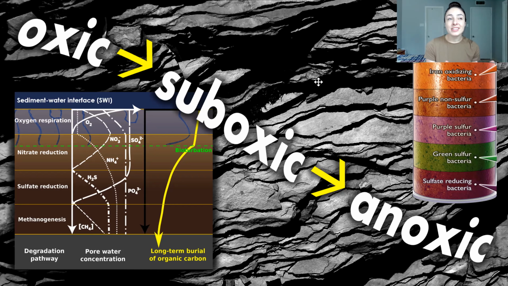But the reduced products, like manganese 2, for example, can diffuse upward into oxic conditions and become reoxidized, and then go back down and become reduced, and so on and so on. In fact, it's estimated that for both manganese and iron, each molecule is recycled 100 to 300 times before it's finally buried.